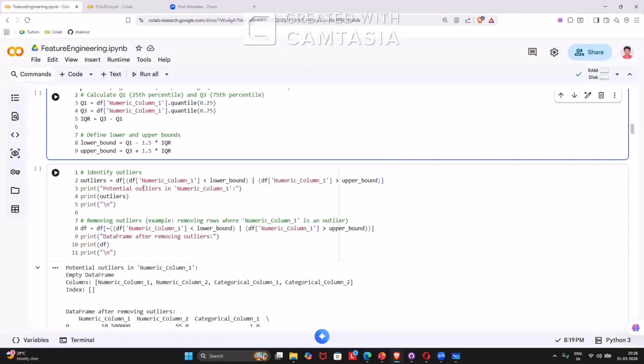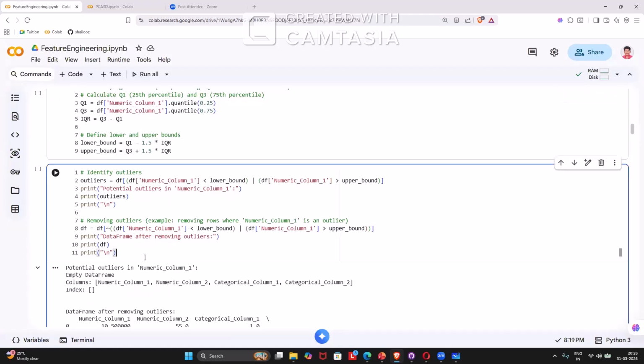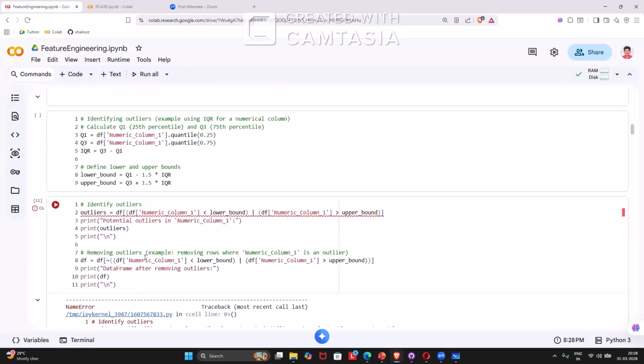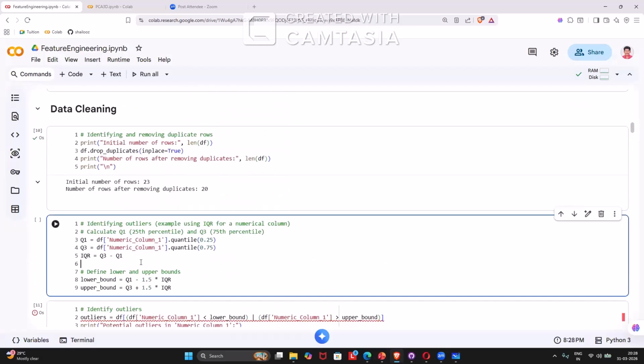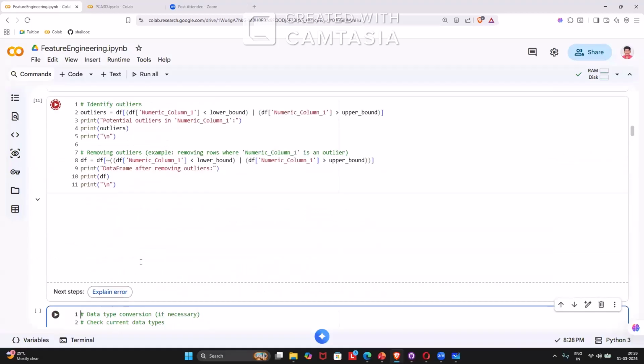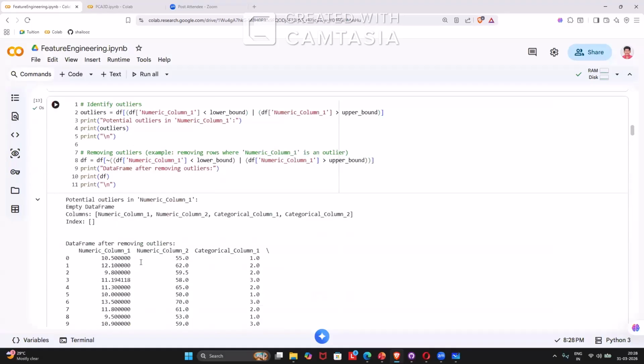Then we are filtering out the outliers: outliers is equal to the rows where df of numerical column 1 is less than the lower bound or greater than the upper bound. So we are getting the outliers, and to remove them, we are negating that part. This is the general equation for all outliers, the most accepted way of finding them.